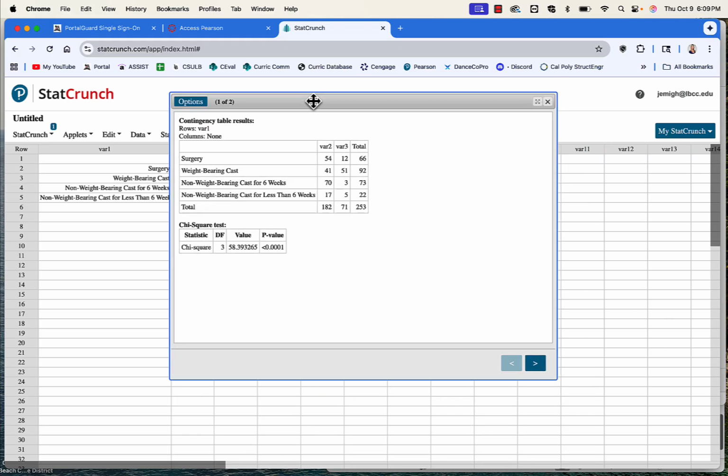Okay, on the output screen. Looks good. A couple things we need are down here. Degree of freedom is 3. The test value, should we be asked it, is 58.39. And the p-value is once again very low. It's less than 0.0001. So we're going to have a low p-value again compared to the significance level.